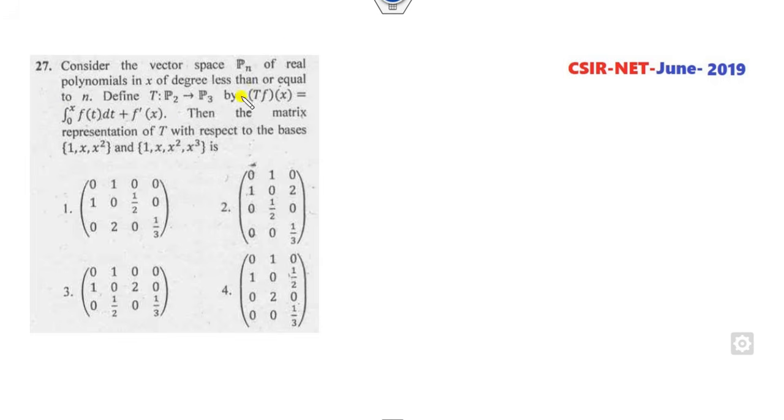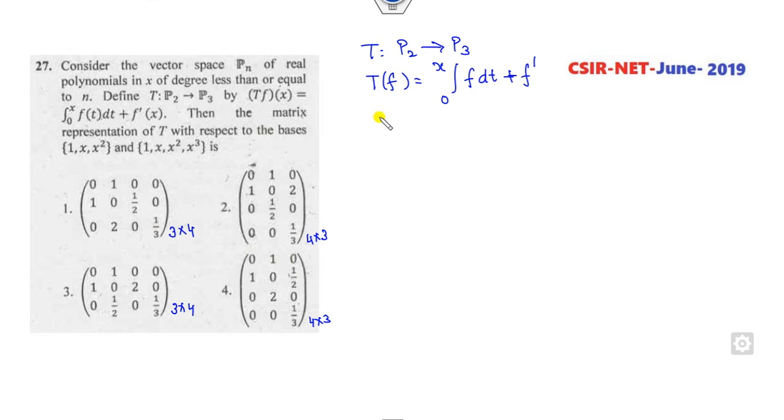Okay, T is the mapping from P2 to P3 defined by integration from 0 to x of f dt plus f dash. Fine. Then the matrix associated with it. So this is 3 cross 4, 4 cross 3. Then what will be the matrix size? That's very simple.